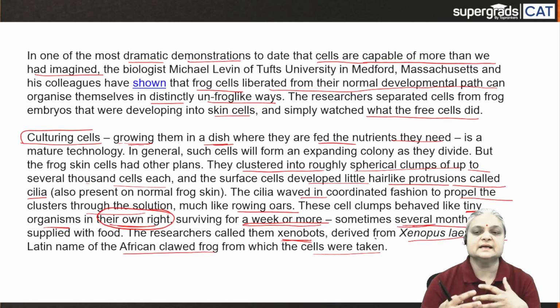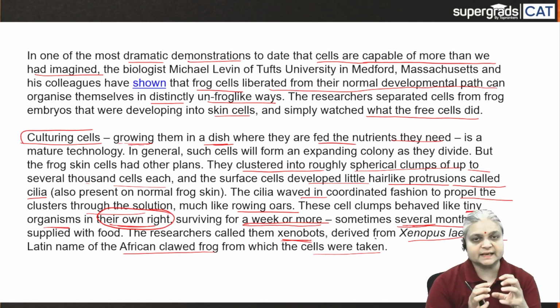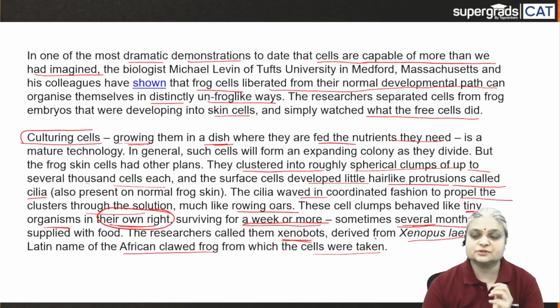So they multiplied into several thousand cells and they developed a little clump-like structure, which was a different kind of organism, which was able to survive for several months. And this clump, that tiny organism which they have created, is called xenobot. And why did we give it the word xenobot? Because it was taken from a frog, the African clawed frog, which was called Xenopus laevis.